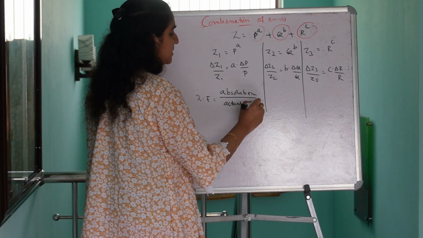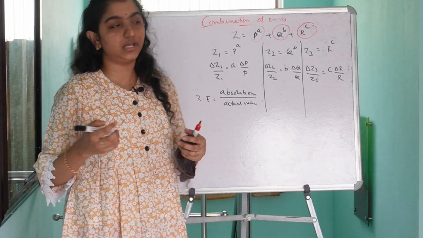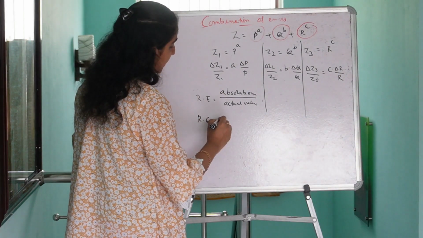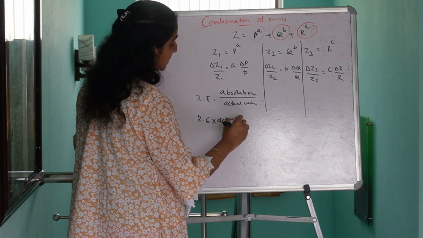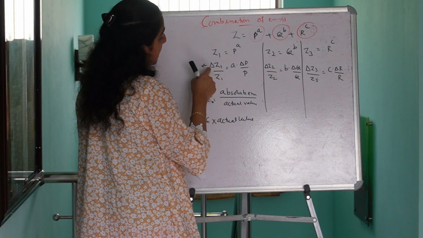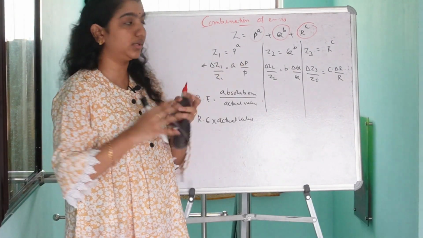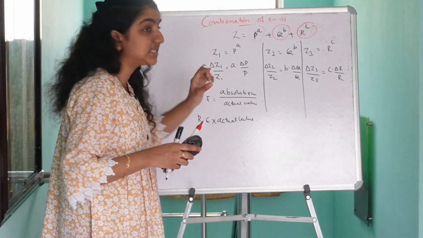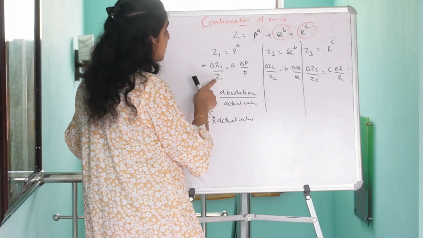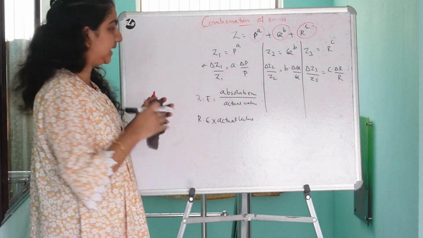So how do we find the absolute error? You have to simply multiply the relative error into the actual value. Is it clear, guys? So here del Z1 is the absolute error, and Z1 is the actual value. What is Z1 equal to? Z1 is equal to P power A. Is it clear? Yes.